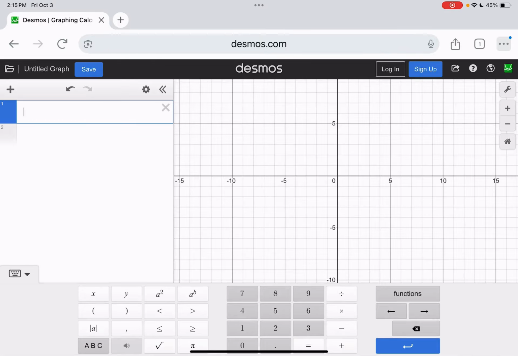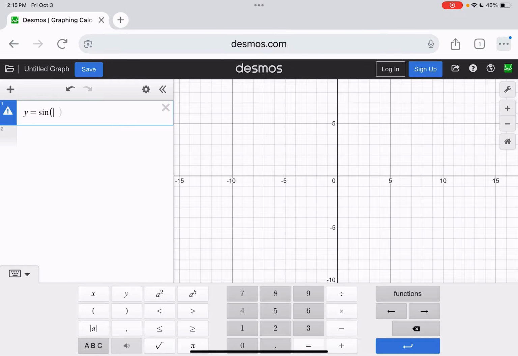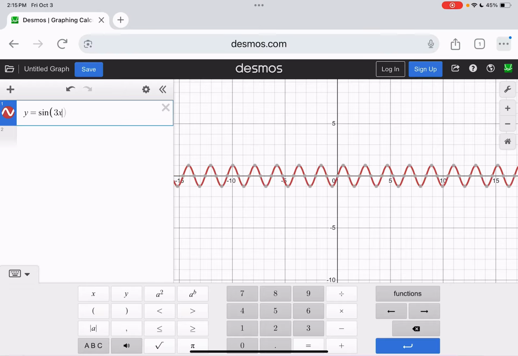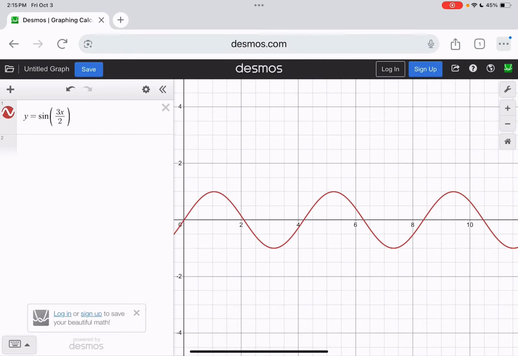So just to show you with the graphing calculator what this is, if I go ahead and graph y equals sine, let's see if I can get that on here. If I type sine, it might work. There we go. We've got sine of 3 theta over 2. Okay. That is what our graph of the sine function looks like.